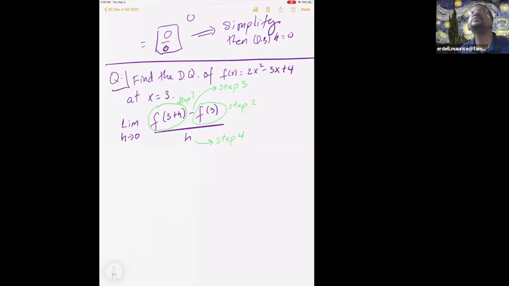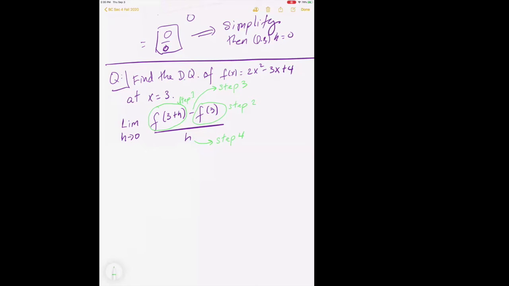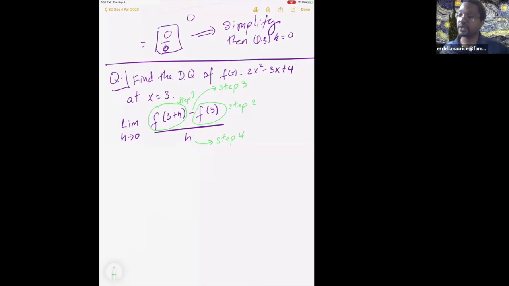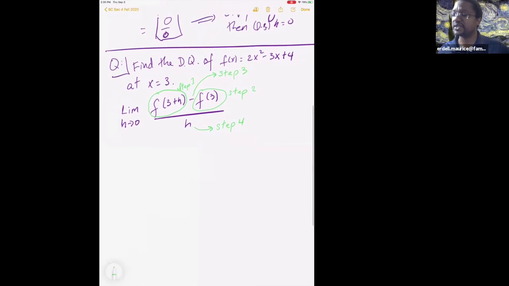Now, these steps simplify as you go along. The first step is the hardest step, and each step is slightly easier than the step before. And so we will spend most of our time on step number 1, and then we will go from there. But any questions on how we're going to simplify this expression?